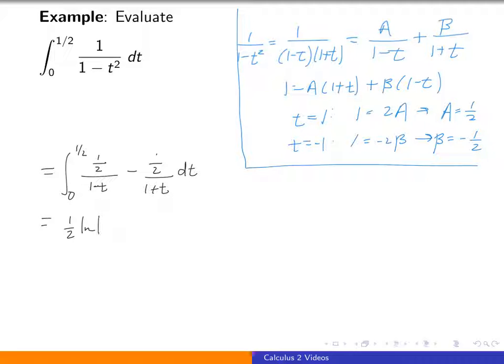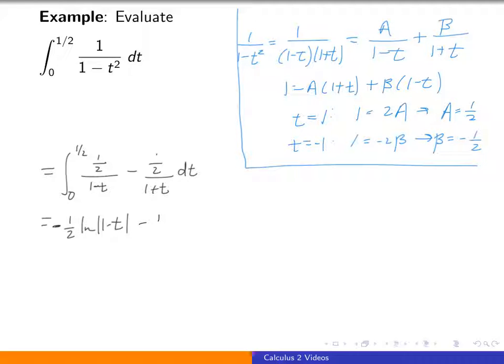Its antiderivative is going to be the natural log of 1 minus t. And because of the minus sign that we have in front of the t, we need a minus sign out front. And in order to see where that minus sign comes from, you could do a u substitution, u equals 1 minus t, or you could double check this in terms of a derivative with the chain rule.